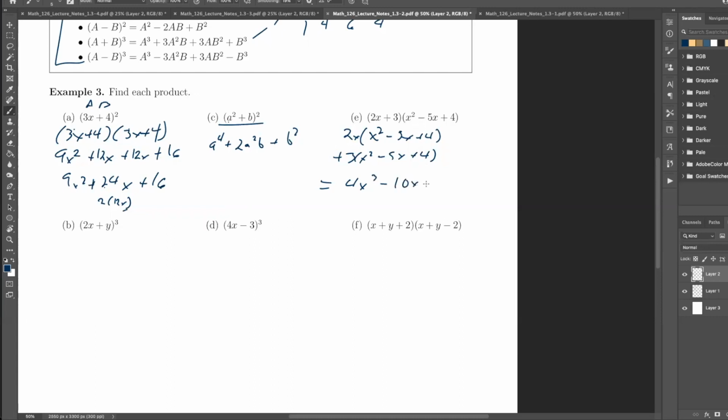Oops, that's a 5, sorry. Minus 10x squared plus 8x. And then here, if I did the 3, it would be plus 3x squared minus 15x plus 12. Magnifier off. And then if I simplify that out, so here this turned into this.